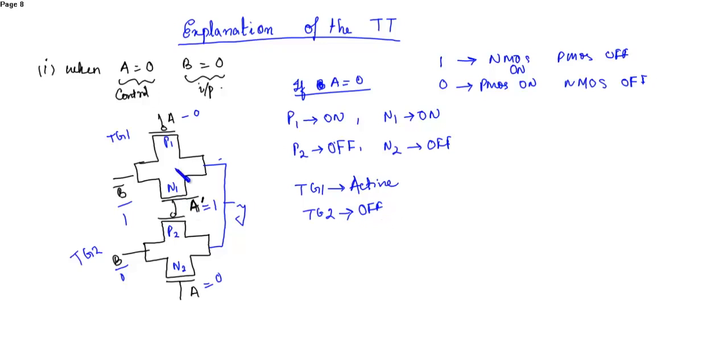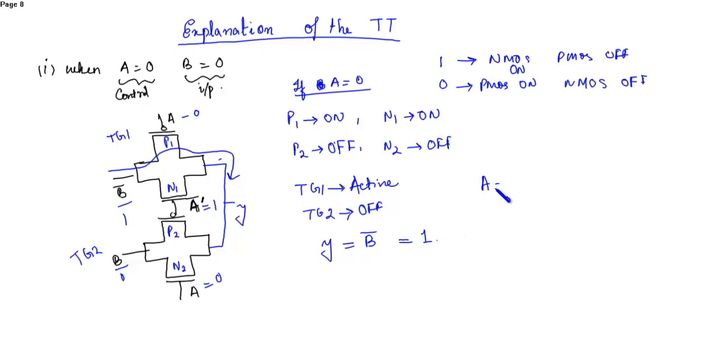So when TG1 is active, then the input B bar will be available at the output Y. So Y is equal to B bar, that is equal to B0, then B bar is 1.